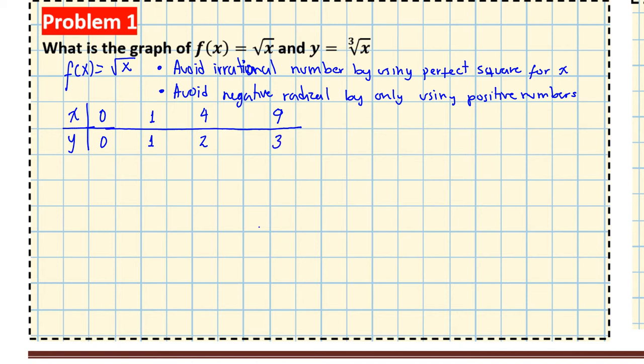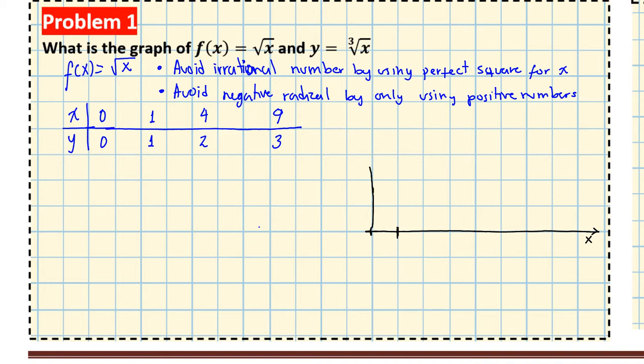And then I'm going to go back and graph them. I'm actually going to use the same coordinate plane for both expressions because that allows me to show you the difference between the two. Okay, so the x-axis, and remember, whenever you graph, make sure to label correctly everything.